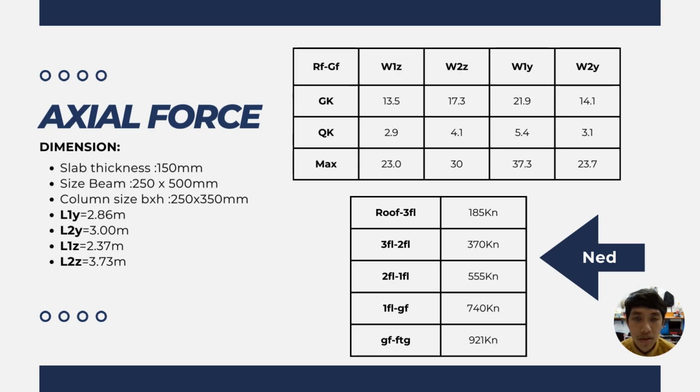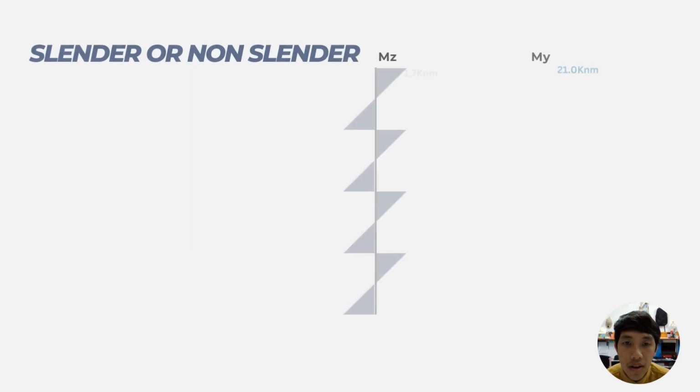For the maximum load, W1Z 23 kN per meter, W2Z 30 kN per meter, W1Y 37.3 kN per meter, and the last one is W2Y 23.7 kN per meter. For the NED, which is the third floor to second floor, that is 370 kN.